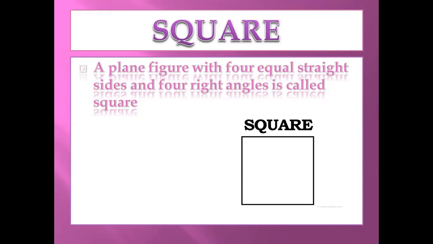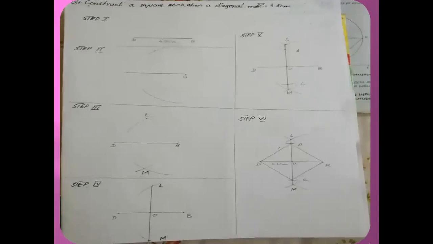Question number 1 is: construct the square ABCD when the diagonal AC measures 4.5 centimeters. A diagonal is a line which joins opposite vertices. Like in diagram ABCD, when we join A with C, this is called a diagonal, and B with D is also called a diagonal.